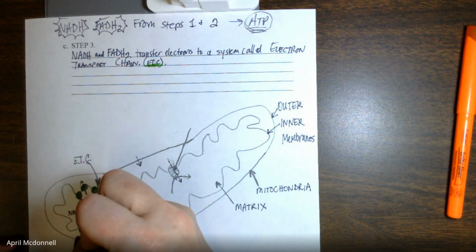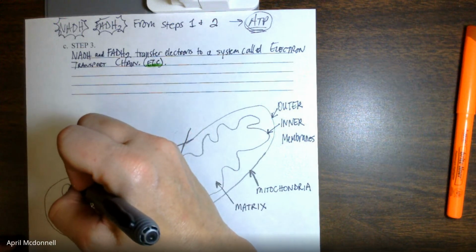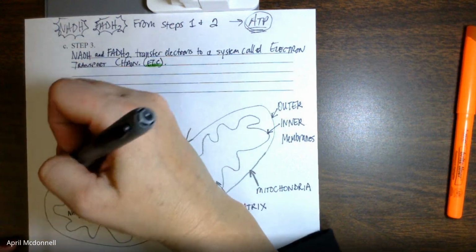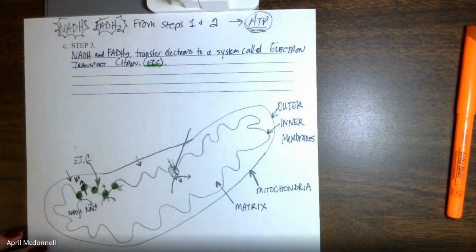So it lost a hydrogen. That hydrogen moves to this space right here, which is basically the space between the outer and inner membranes of the mitochondria.